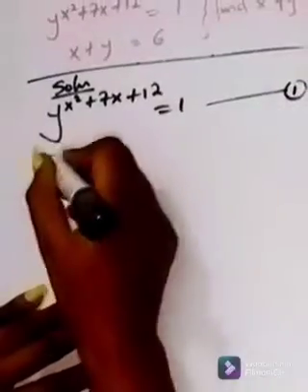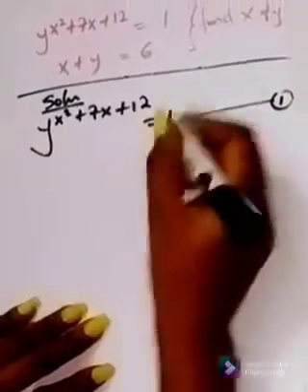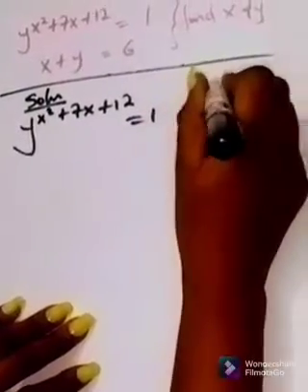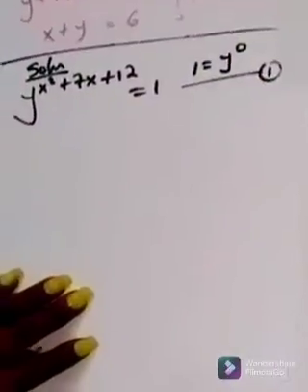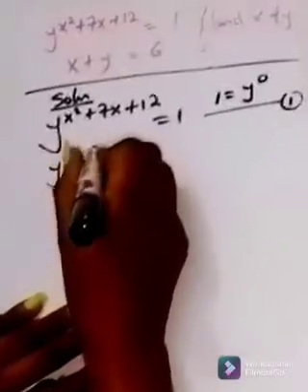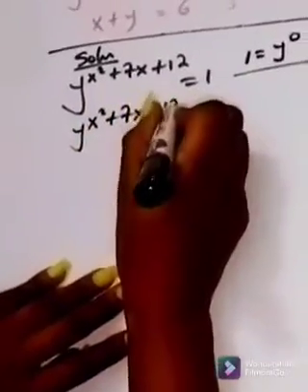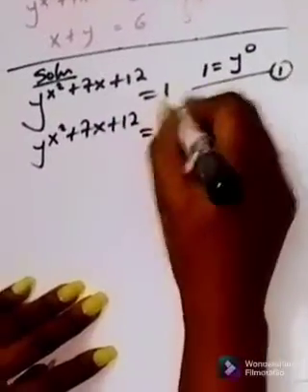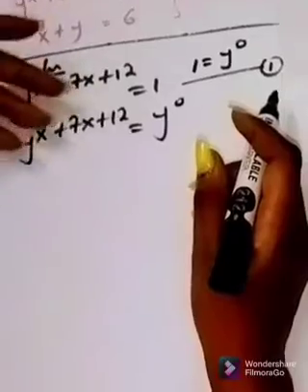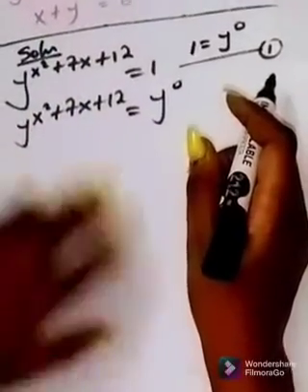Okay, so we know, remember that 1 is equal to y raised to power 0. So if we say x squared plus 7x plus 12 will become equal to y to the power 0. That means the left hand side is similar or congruent to the right hand side.